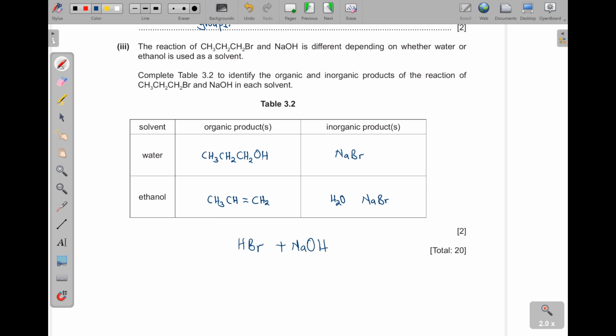This is an acid-base reaction, so you will get sodium bromide and water. That's why here the inorganic product, instead of putting HBr, we put these two. I hope that is clear. In fact, let me write this one here: HBr plus sodium hydroxide, then we shall get sodium bromide plus water, like that.